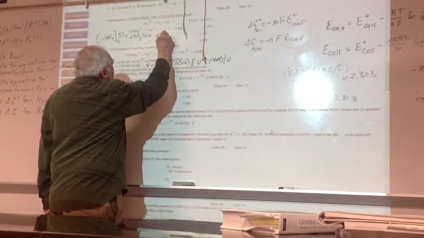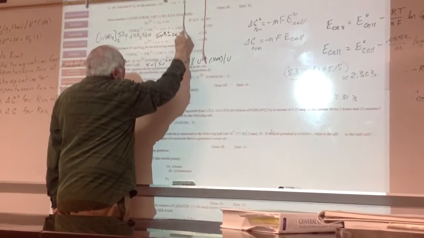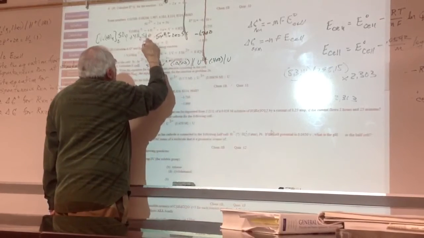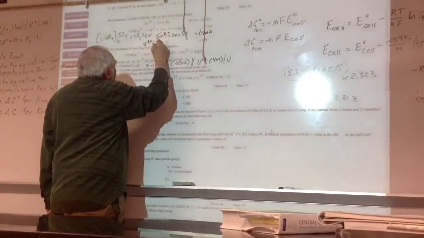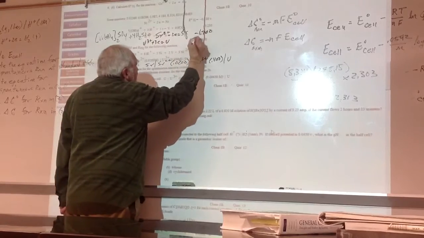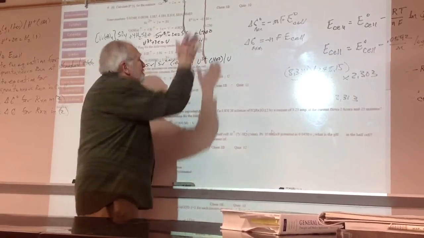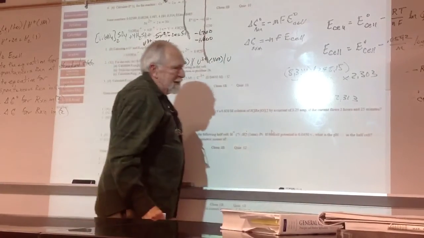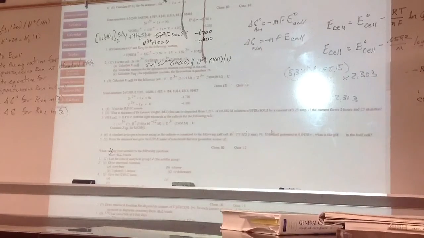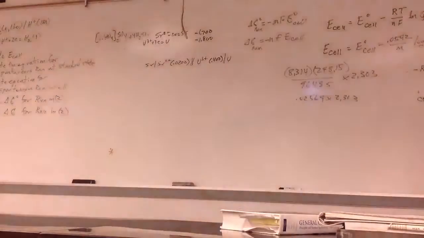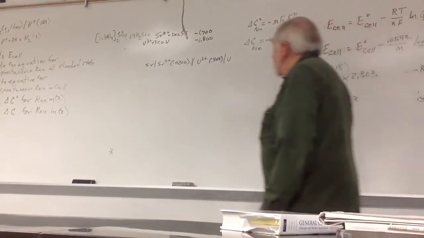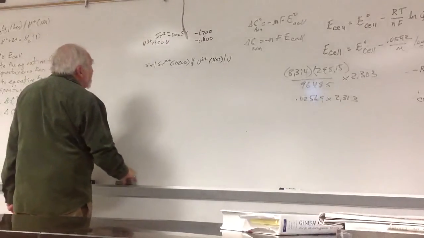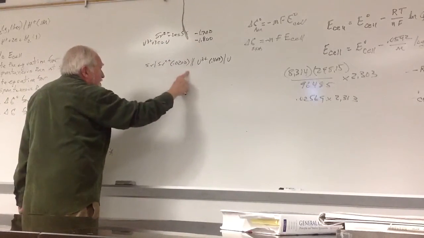So it says, okay, now I'm going to turn off the lights so you can see what this was a few minutes ago. So there are the 2 pieces of data I gave you. Here's the cell I gave you.